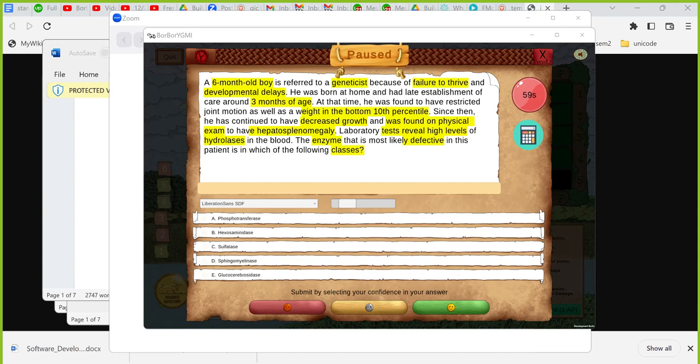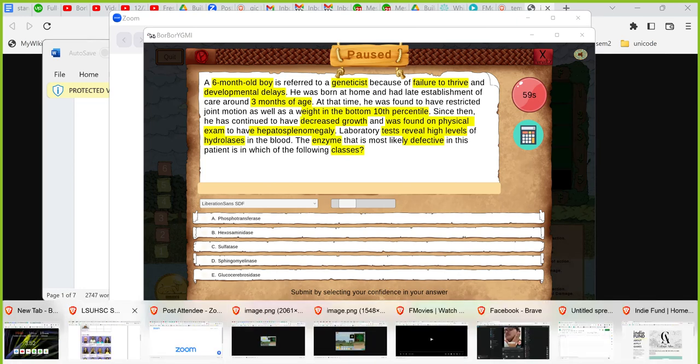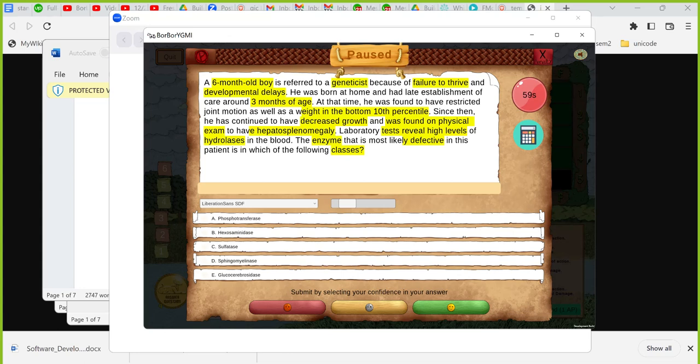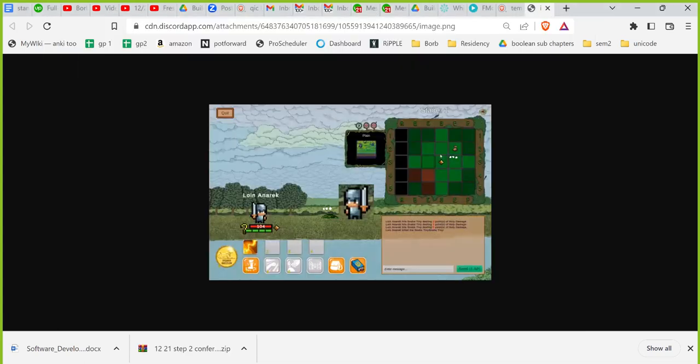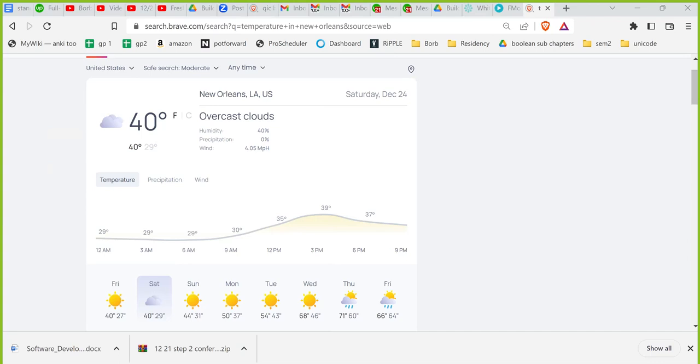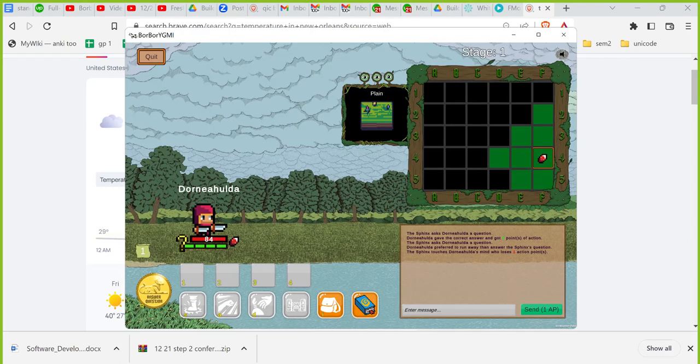And I believe with Tay-Sachs you will have hepatosplenomegaly, whereas that is compared with Niemann-Pick disease.